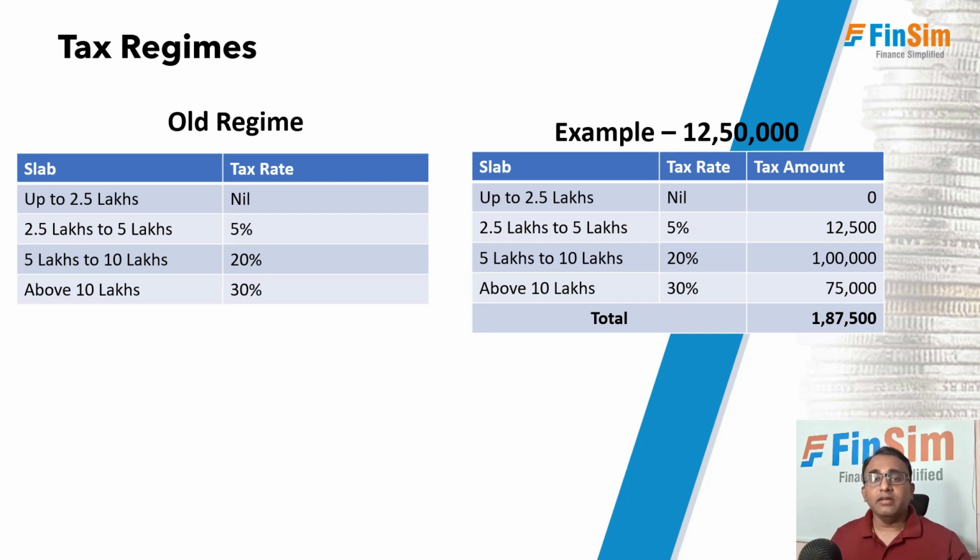And finally, 2.5 lakh rupees, which is nothing but amount over and above 10 lakh rupees, would result in a tax liability of 75,000 rupees. So the total amount of tax which needs to be paid in this case under the old regime would be 1,87,500.